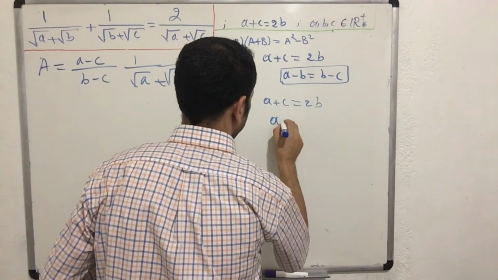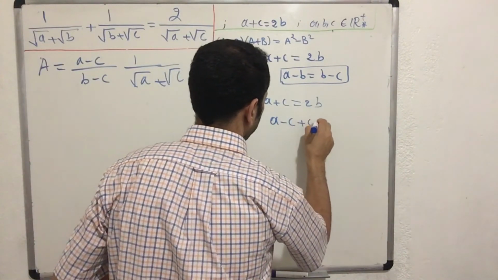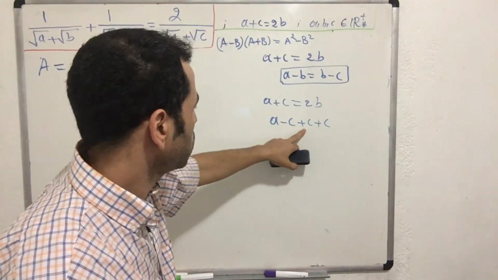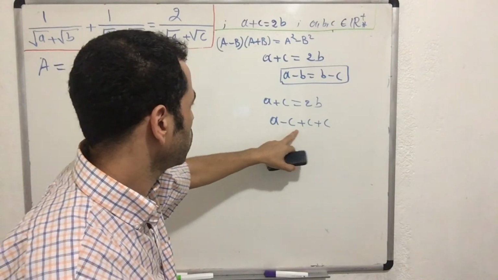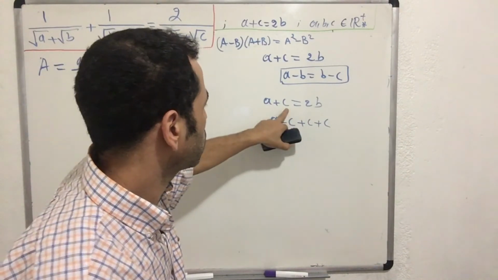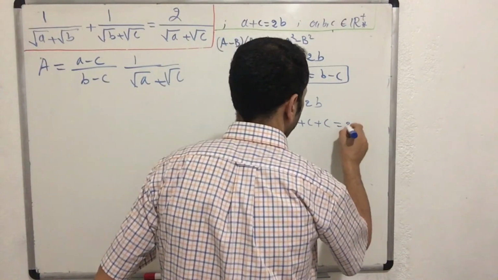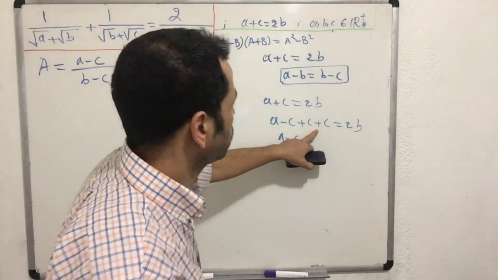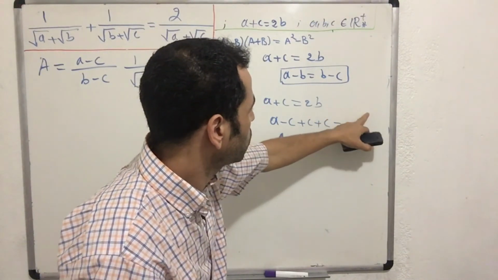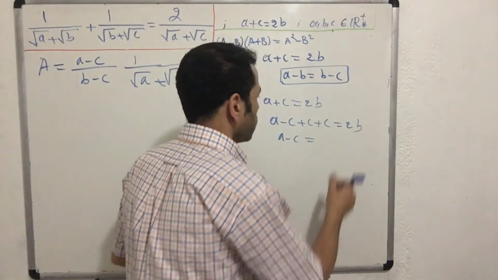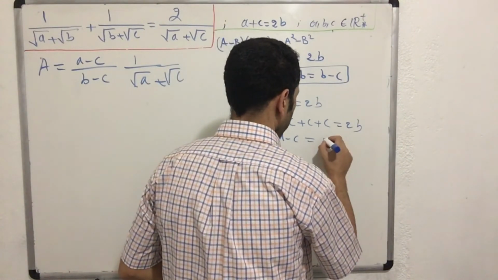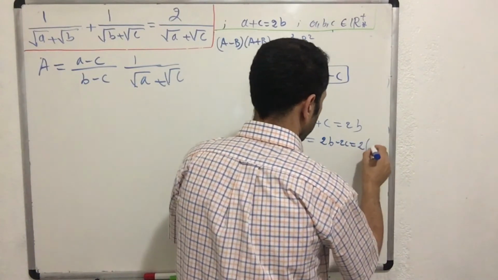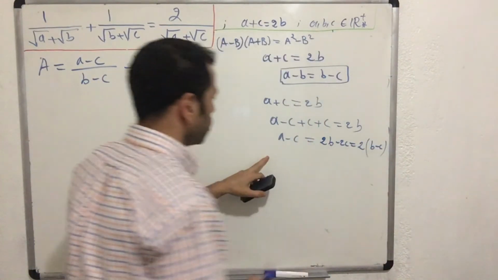Put a minus c plus another c; by adding one c and subtracting another c, plus the original c, that's what you have before. So a minus c equals b minus c plus c, which is 2c; putting 2c on the other side, it becomes 2b minus 2c. Factor by 2, which gives you b minus c.